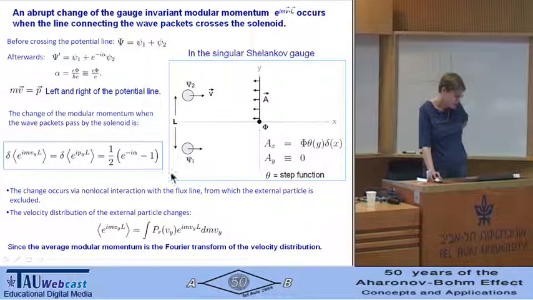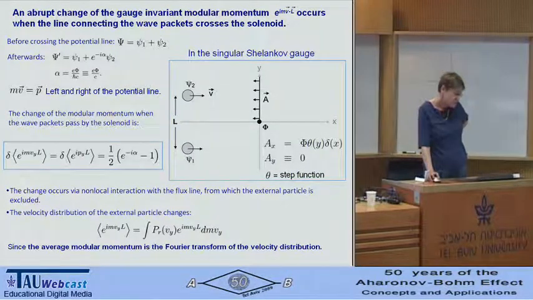The change in the gauge-invariant modular momentum occurs via non-local interaction with the flux line, from which the external particle has been excluded. And before, I described to you a scalar potential analog of such a non-local and forceless interaction, which also led to change in the relative phase.